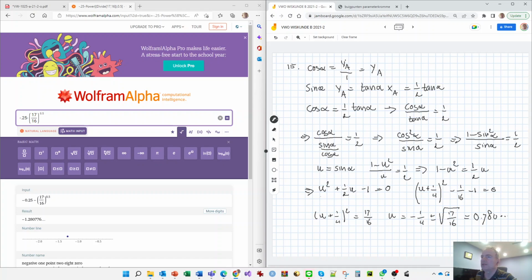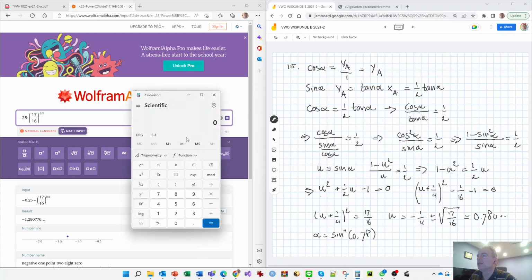That means then that alpha is the inverse sine of that 0.78. I can do it in Wolfram, but that's always a radian. So let me just quickly do it here in the Windows calculator.